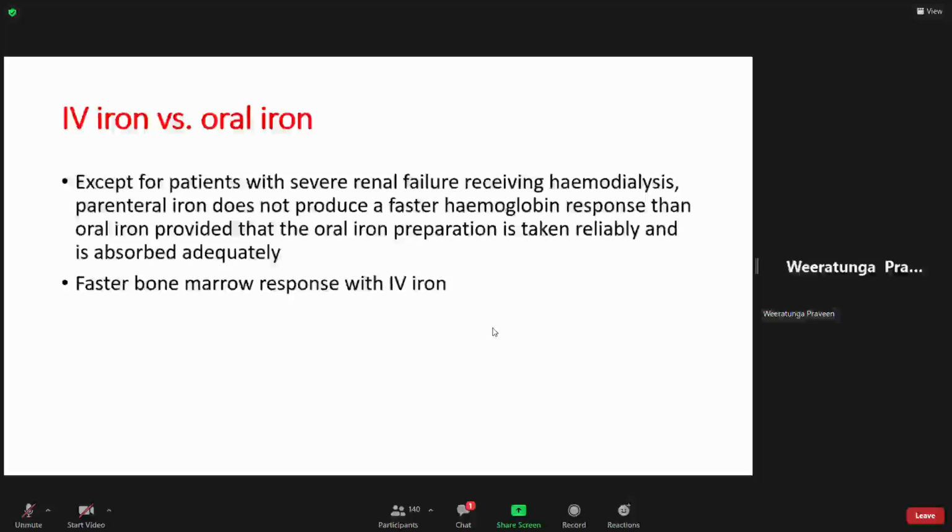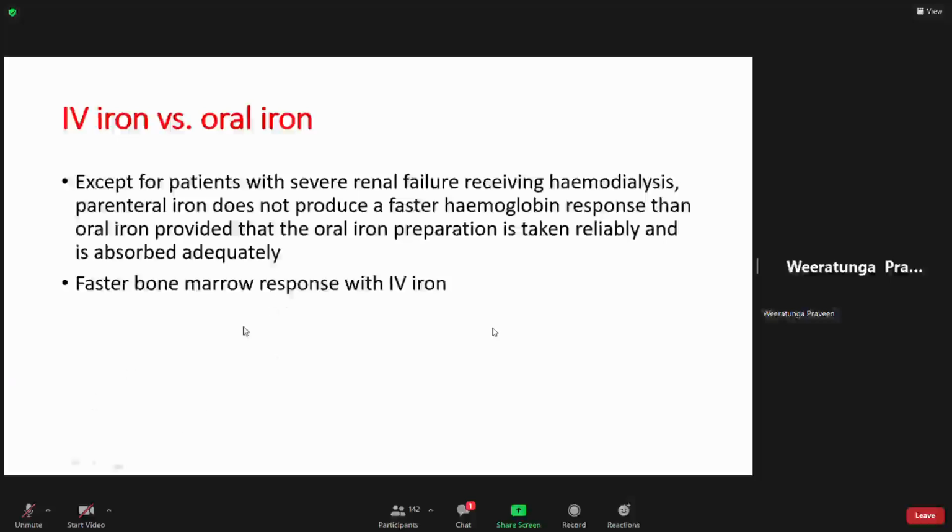And there is a faster bone marrow response with IV iron. MCQ, right? Bone marrow store replenishment is much quicker with IV iron. But the actual hemoglobin response is the same, right? It takes the same time for the hemoglobin to come back up. But the actual bone marrow iron store response is quicker. Okay?